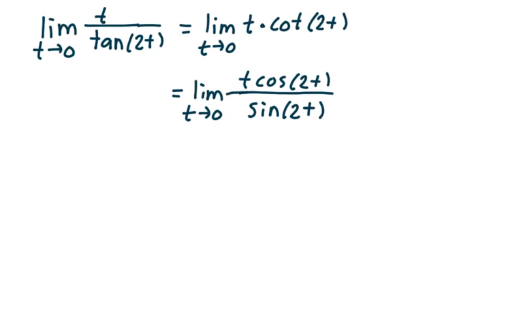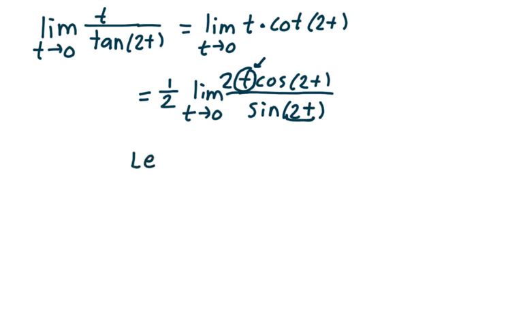Now, notice how the argument for sine is 2t, but I only have a t up here. I want the argument for the sine to match this factor right here. And to accomplish that goal, I'm going to multiply it by 2. But to multiply that t by 2, I have to counterbalance it, and I'm going to multiply the limit by 1/2, because that's like multiplying by 1. Okay?